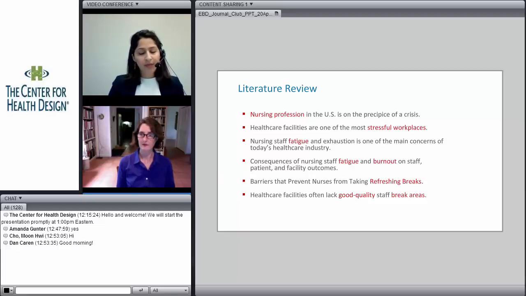I was curious about the barriers that prevent nurses from taking breaks. I looked at the policy, the programs, and lastly but not the least, I looked at the healthcare facility and how we are designing those break areas.